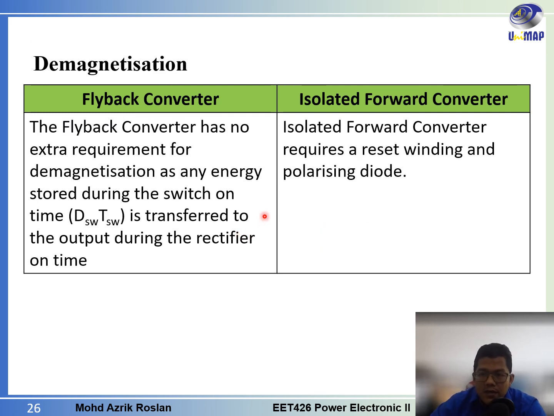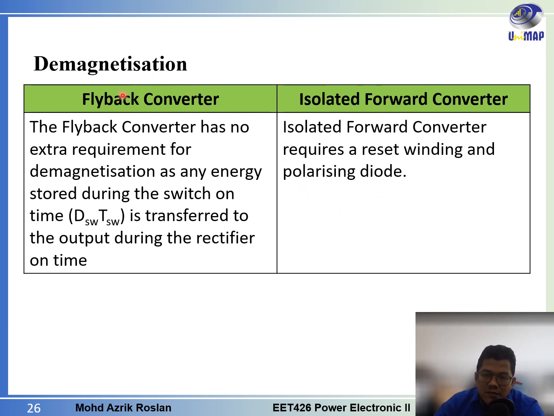The next one is the demagnetization requirement. If you remember from the previous topic regarding the isolated forward converter, the converter required a reset winding, because without the reset winding there will be core saturation, and this will increase the magnetizing current the next time the transformer turns on.